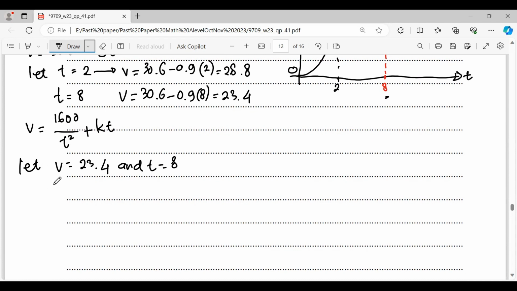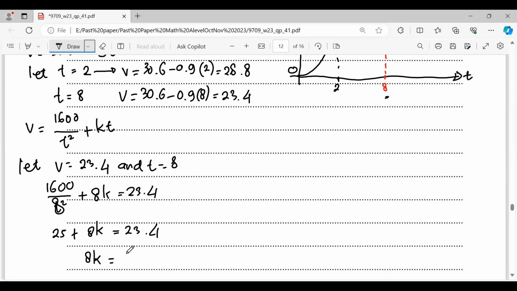So this equation will be 1600 over t squared plus 8k, I mean, plus 8k equals 23.4. So 1600 over 64 is 25, plus 8k equals 23.4.